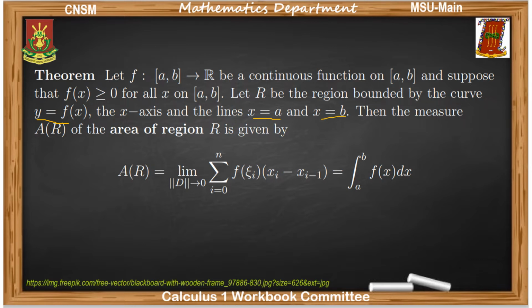Then the measure A of R, the area of the region R, is given by the limit of the summation of f of epsilon sub i times the difference of x sub i minus x sub i minus 1, as i goes from 1 to n, which is equal to the integral of f of x from a to b with respect to x.